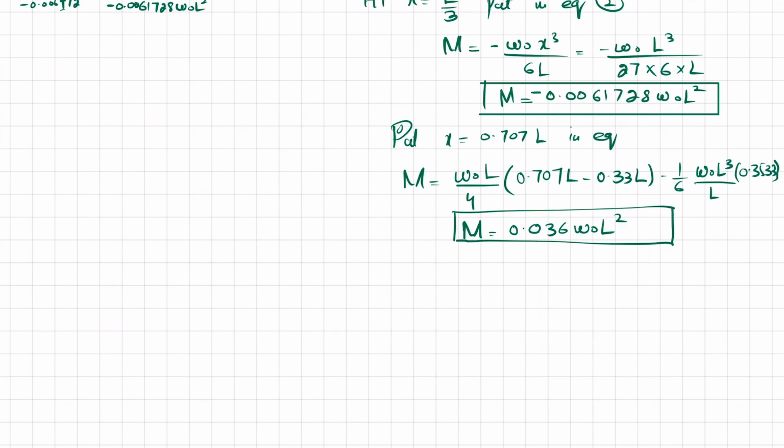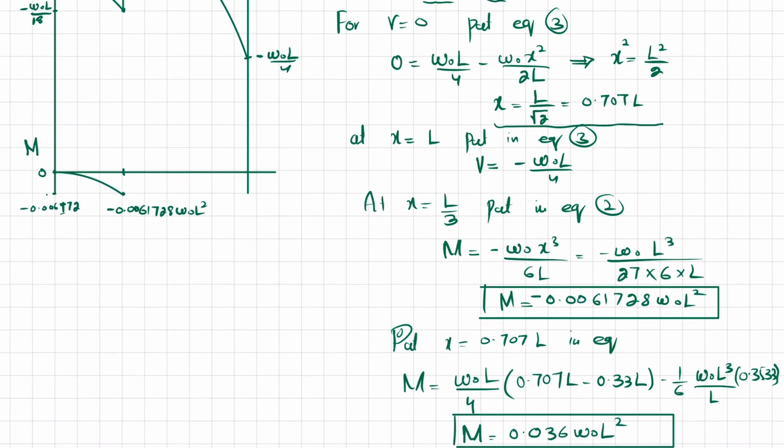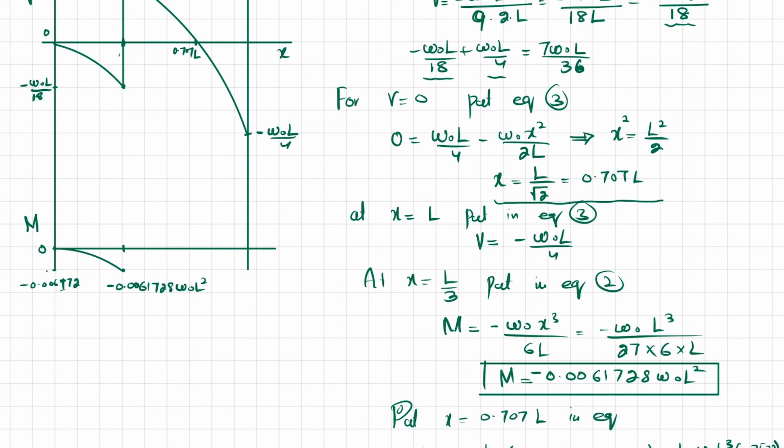So this will be the moment at x is equal to 0.707 L. So let this be the point which is 0.036 W naught L square. So again you can see the slope is decreasing and the bending moment will be like this.